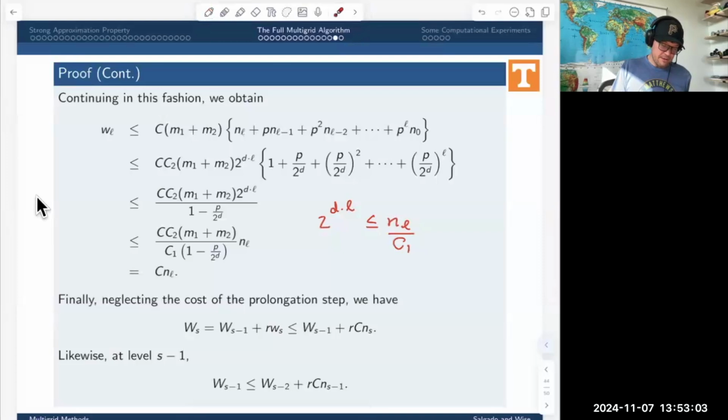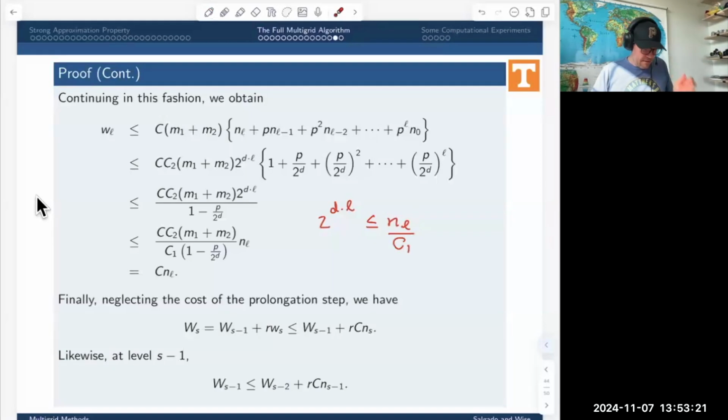And that's how I can replace this with N_L. Okay, and so then everything else is just a constant which is independent of L. So I can call that my C.